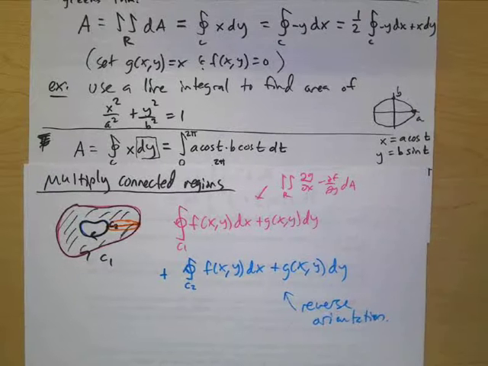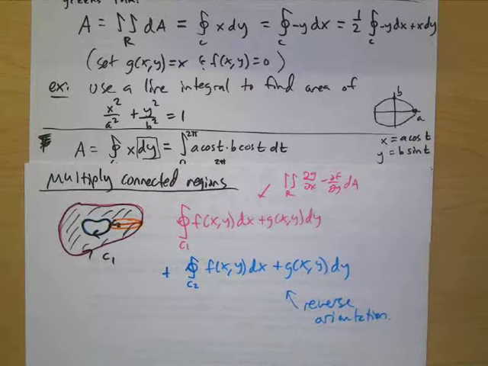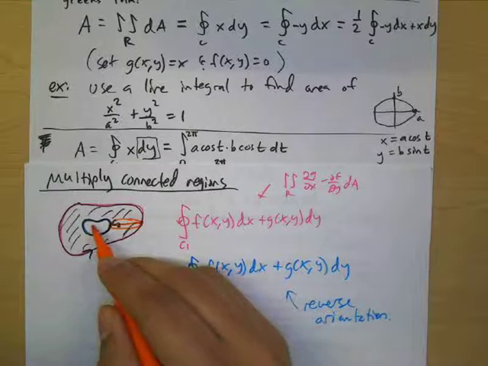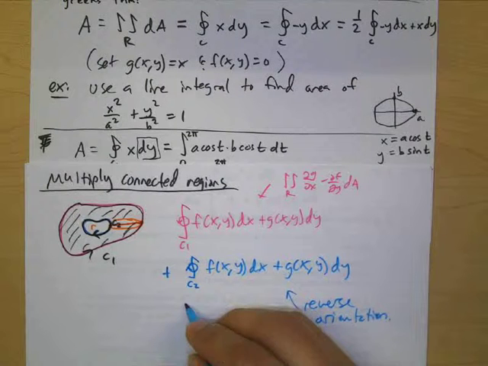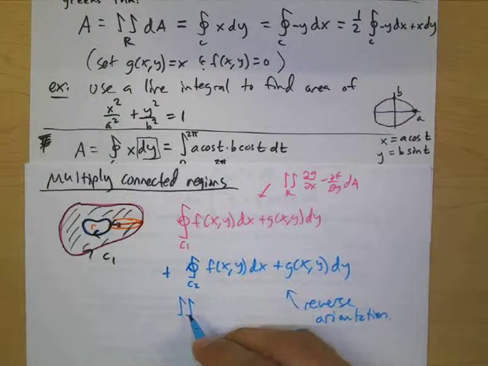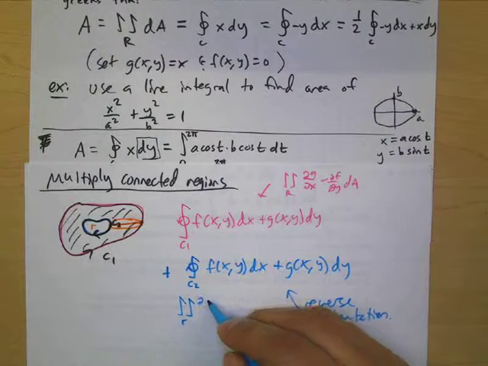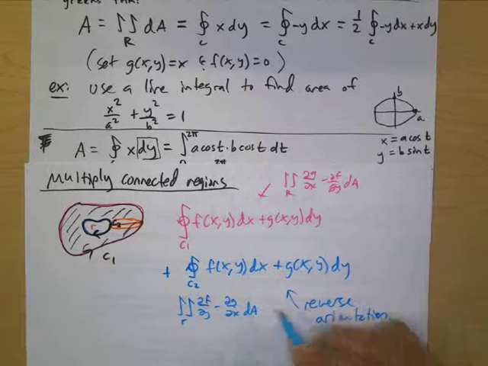And when you reverse the orientation, let's call this sub-region little r. So this would be over little r, but now we're going to switch the integrand, so that's going to be partial f partial y minus partial g partial x.